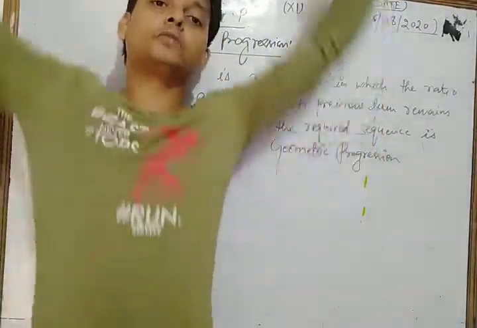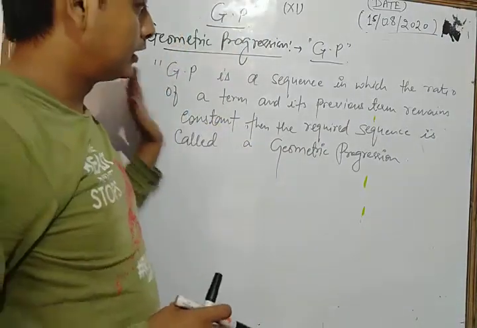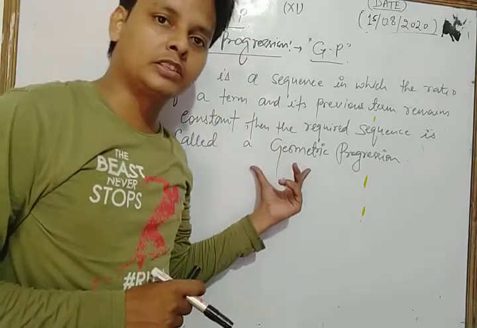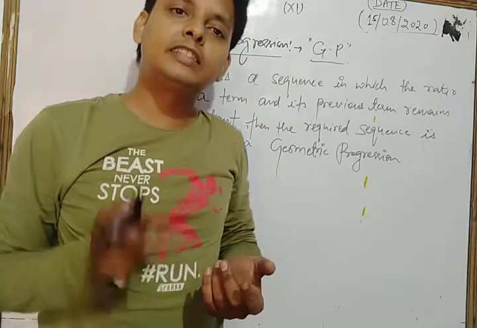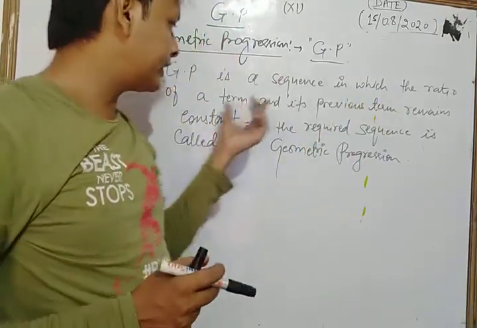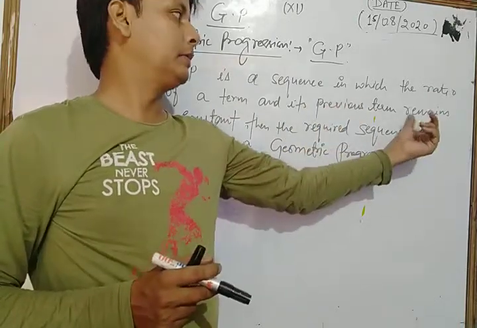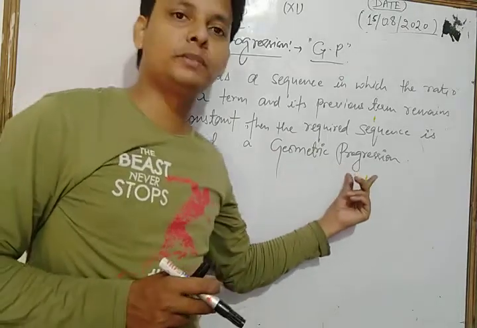This is one of the most important concepts of this progression, so please concentrate on this topic. GP is a sequence in which the ratio of a term and its previous term remains constant. Then the required sequence is called the geometric progression.